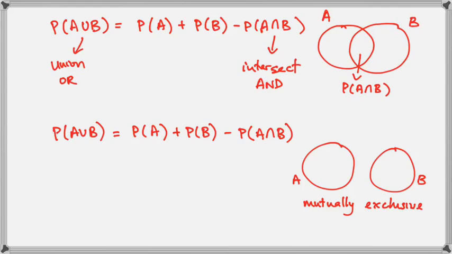So if it has nothing in common, when you intersect, what is the probability of finding an event that is common between A and B? Is there any? There is none. So the probability is actually 0. So all you have to do is add up the probability of A plus the probability of B, and that will give you the probability of event A union B.